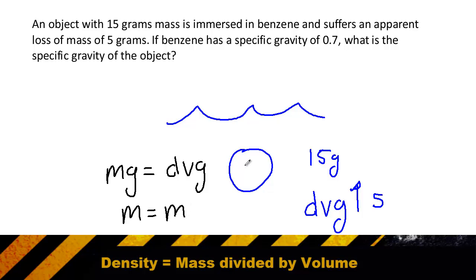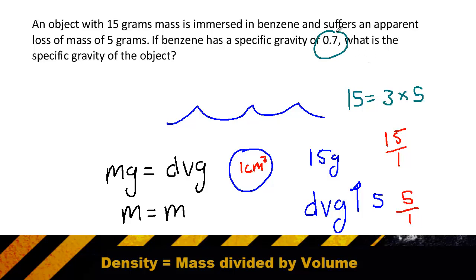So hypothetically, if we assume this object has a volume of 1 cubic centimeter, that means the density of the object is 15 grams per cubic centimeter, and the density of the fluid is only 5 grams per cubic centimeter. Since 15 is equal to 3 times 5, we can say the object must be 3 times as dense as the fluid. And they tell us the fluid has a density of 0.7. That must mean the object has a density of 2.1.